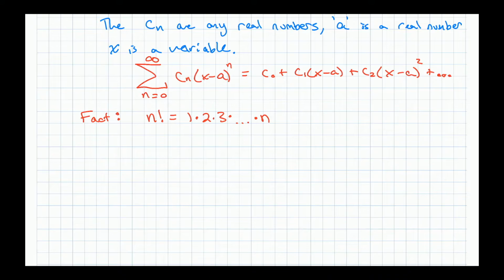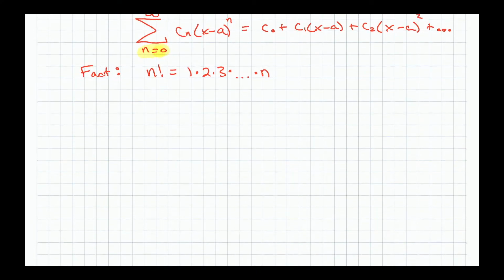But you'll notice that in a power series, we're starting at n equals 0, and they don't want n equals 0 to be a problem or to have some kind of special consideration that needs to be done for it. So by definition, we're just going to say that 0 factorial is 1. And I don't even think we're going to see it for the rest of the lecture, but still.